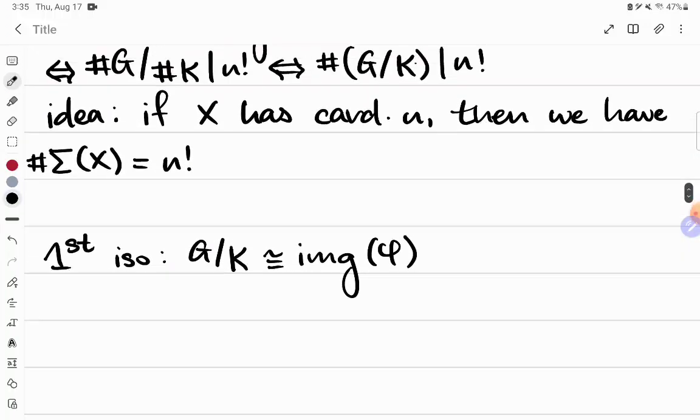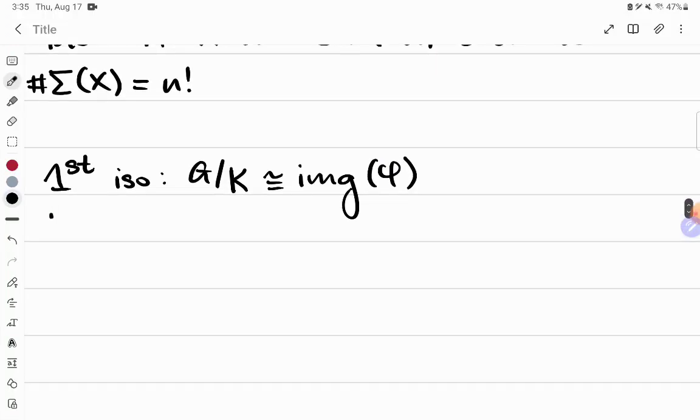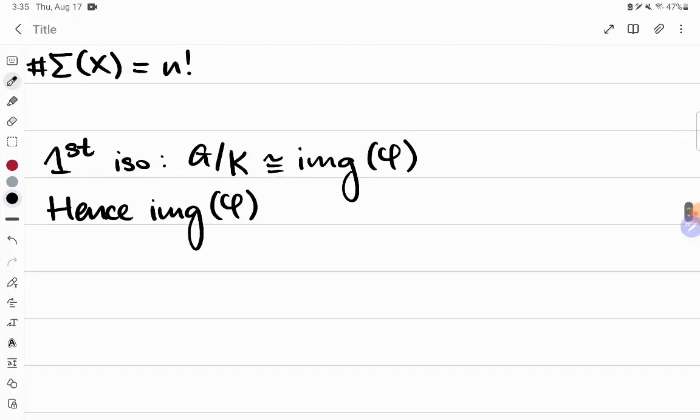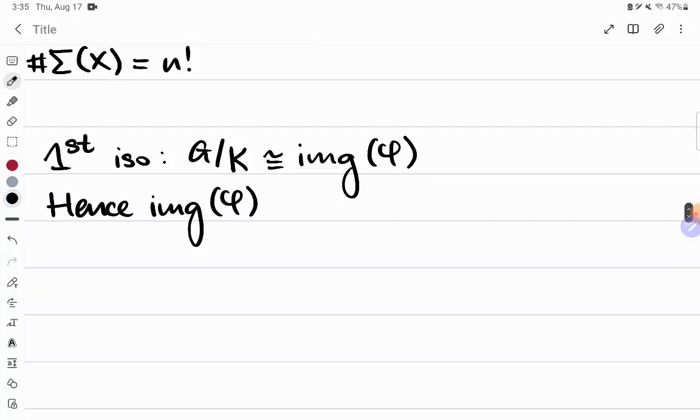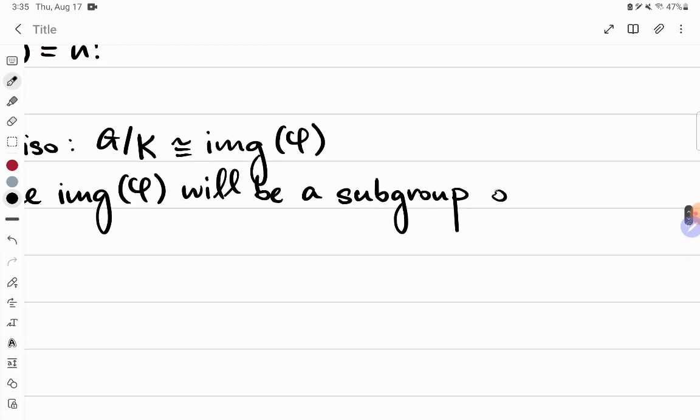So because of this, the image of phi is going to be a subgroup of this permutation group.